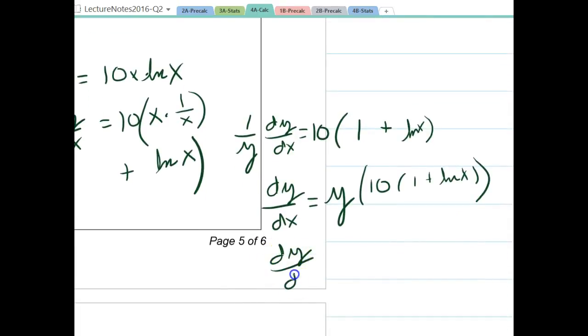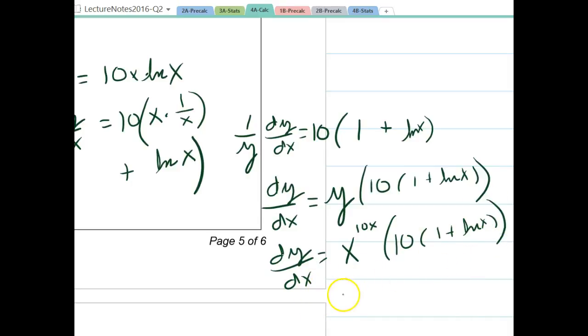So I have dy dx is going to be x to the 10x multiplied by 10 times 1 plus the natural log of x, like so.